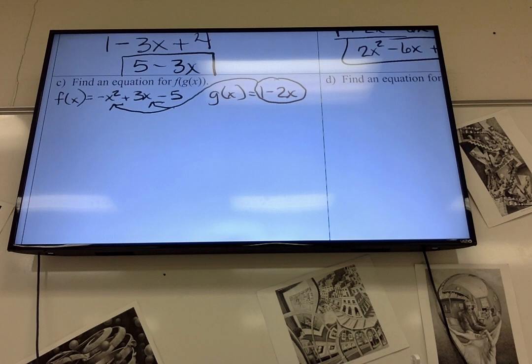Oh, wait. Why'd you change that to plus? That's not how you square it. You have to square this by doing 1 minus 2x times 1 minus 2x and FOILing it, or using the shortcut.